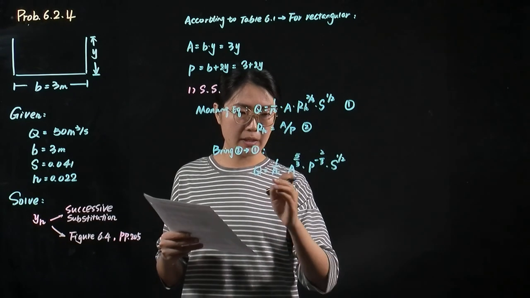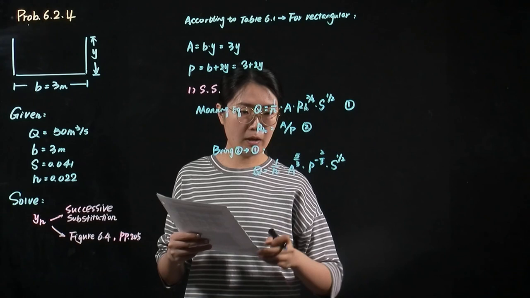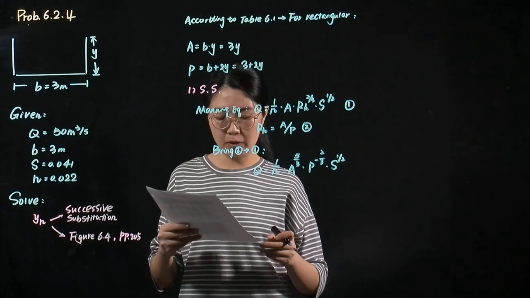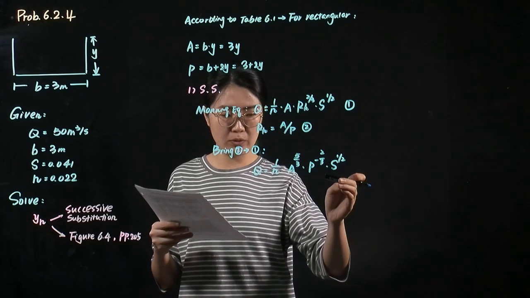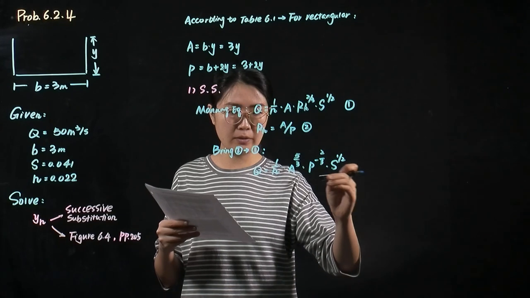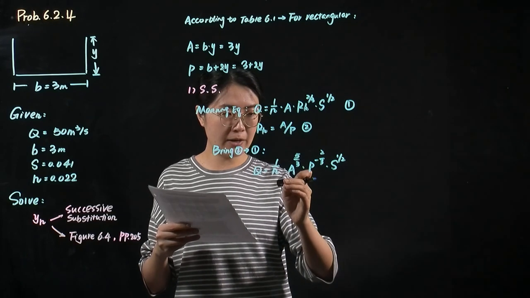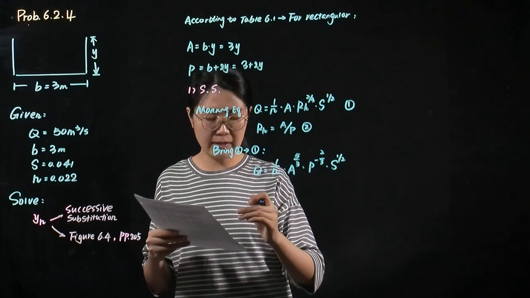Because the flow rate, the roughness, and the slope are all constants, we need to arrange this equation to put these three terms on the right hand side and put the area and wetted perimeter on the left hand side.